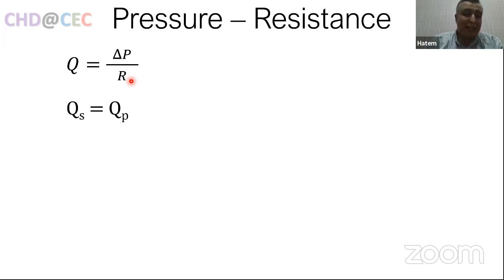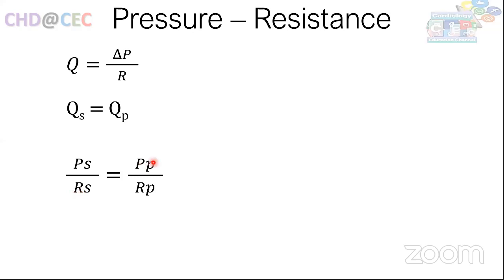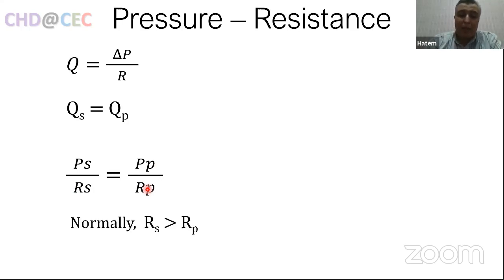And since we have agreed that the systemic flow is equal to the pulmonary flow in a normal person, that means the ratio between the pressure and the resistance of the systemic circulation is the same as the ratio between the pressure and the resistance of the pulmonary circulation. And in normal persons, the systemic vascular resistance is so much higher, so that the flow will be equal.